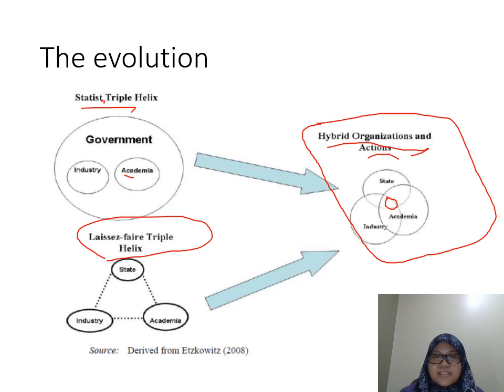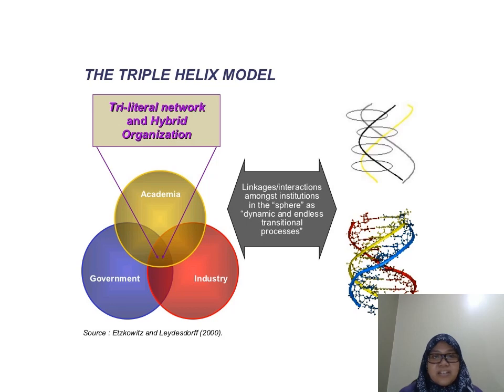This model is an analogy for the central idea that each helix or actor is linked to another. Therefore, the overall helix is strengthened through the structure of interfaces, and this leads to capitalization of synergies. Next, we're going to look at how the current triple helix looks. So you have academia, industry, and government. These are the main actors.